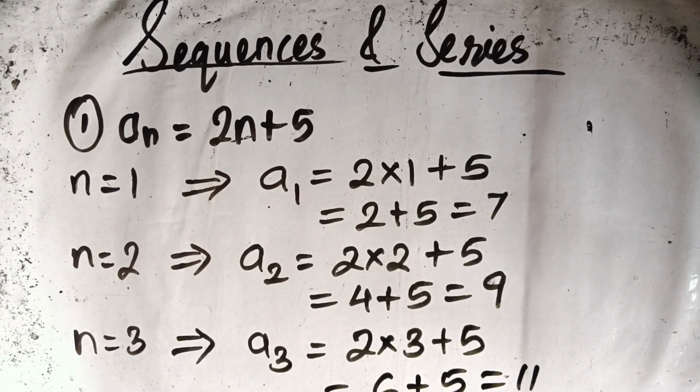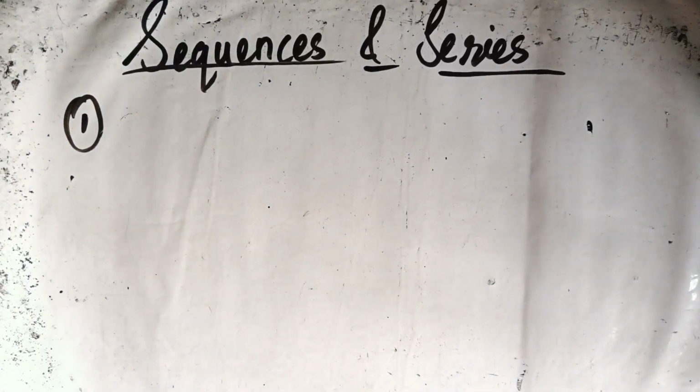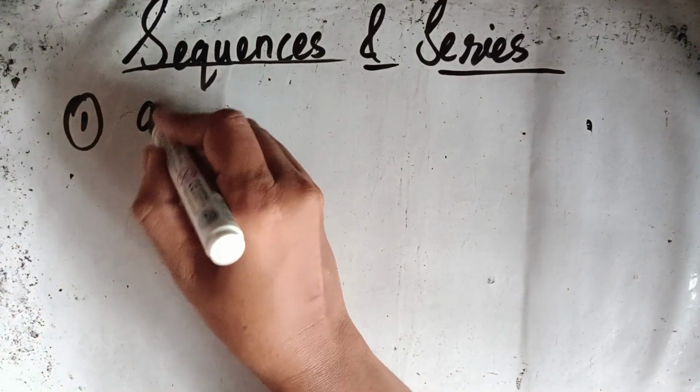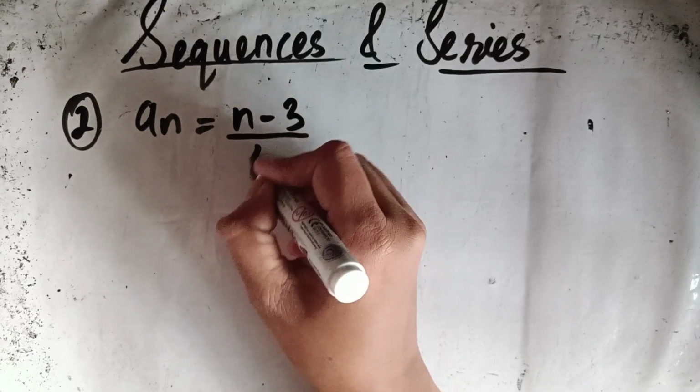Okay, so these are first three terms of this sequence. The next one which is given is an equal to n minus 3 upon 4.